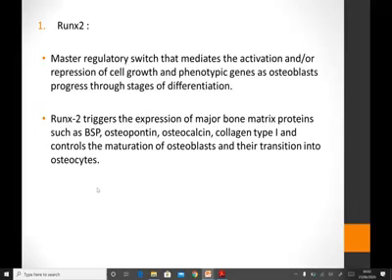This runt related transcription factor is involved in all of these steps, and along with that it also triggers the expression of many bone matrix proteins like osteopontin, osteocalcin, type 1 collagen, and bone sialoprotein. It also controls the maturation of an osteoblast and conversion of an osteoblast into an osteocyte.